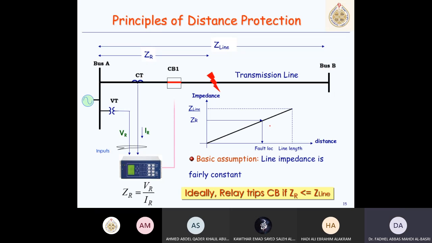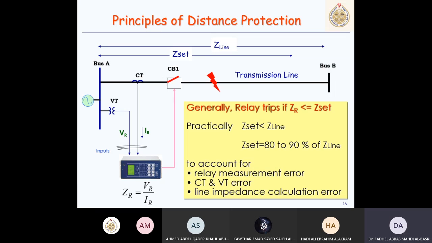So if the fault occurs in the line, the measured impedance will be less than the Z setting, and the relay takes action to clear the fault. So normally the Z setting that we would use is less than Z line. We normally take 80 to 90% of Z line as our setting.